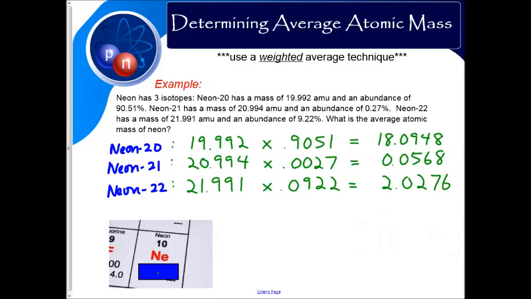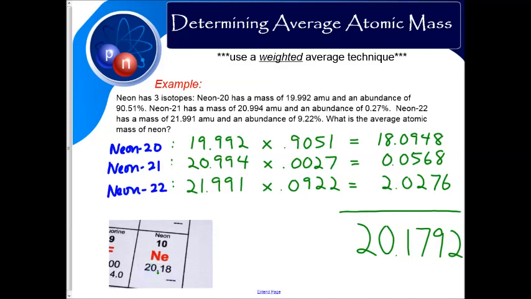So the weighted average is determined based on their abundance in the world, how much each contributes to the average atomic mass. At the end, these three numbers I'm going to add up, and it's going to give me 20.1792. Now that is actually almost identical to what is on my periodic table. So 20.18 to round it up.